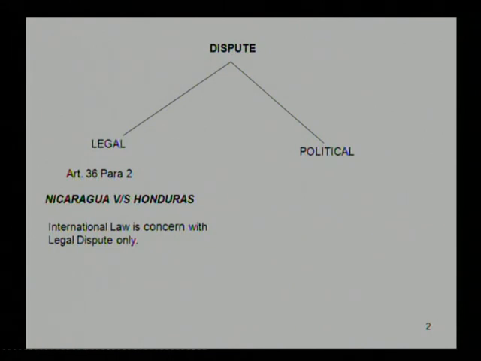The question in issue was deciding the maritime boundary. Then the second question involved in this case was about the sovereignty of these four islands.